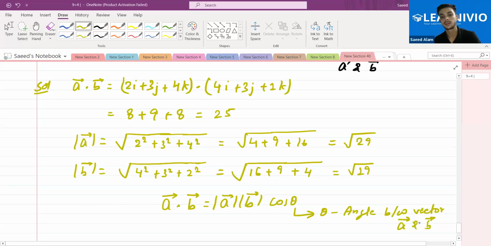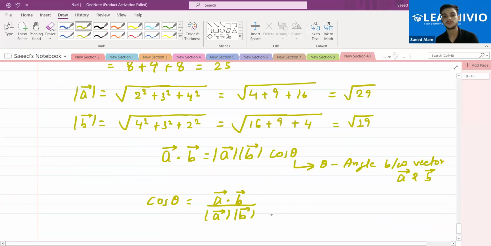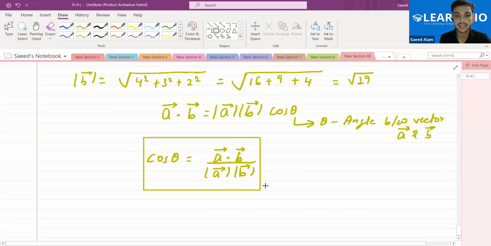Yes or no? Yes, sir. So what can we say about this cos theta? This is nothing but the dot product of the two vectors divided by the magnitudes of A and B. Yes or no? Yes, sir. So this is the expression to find the angle between two vectors.